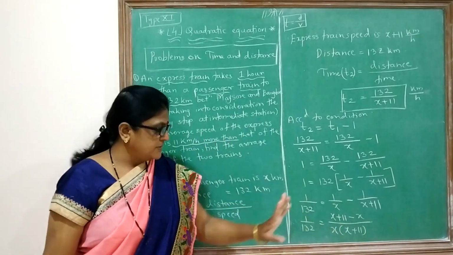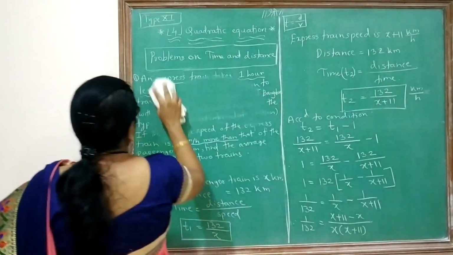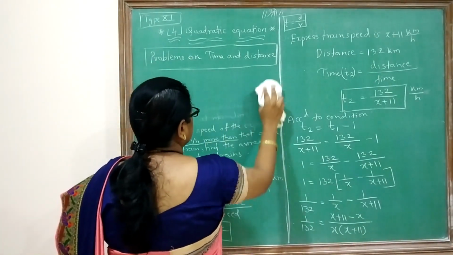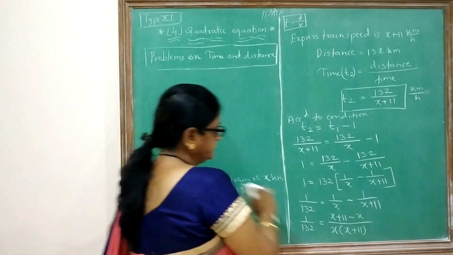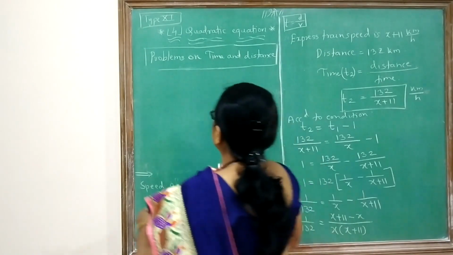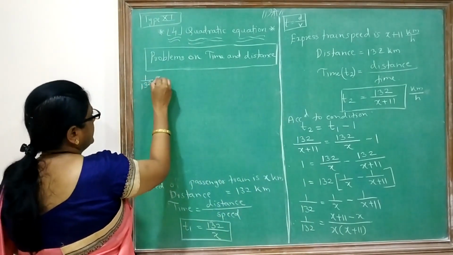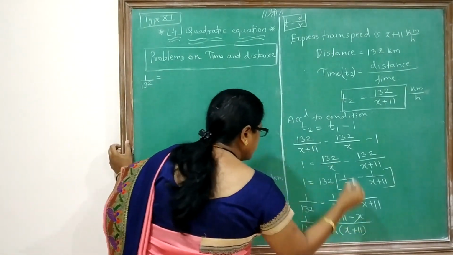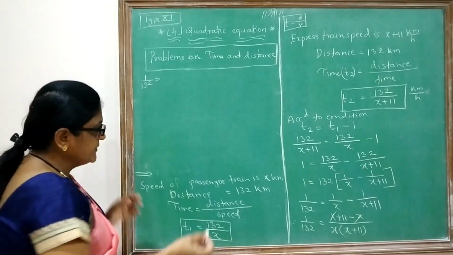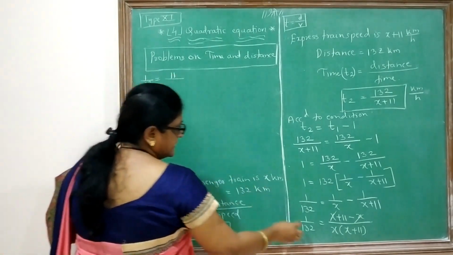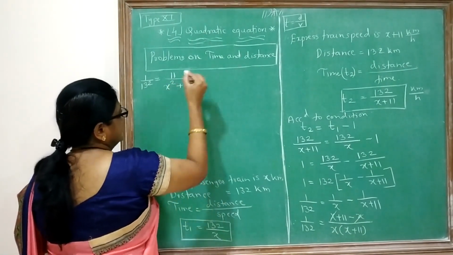The x and minus x will cancel, and 11 is present, so x into x plus 11 is x square plus 11x.